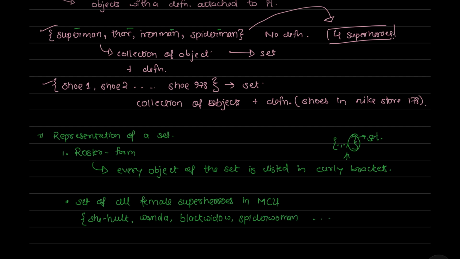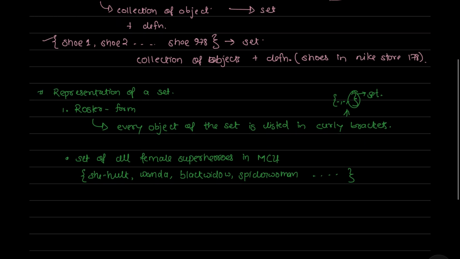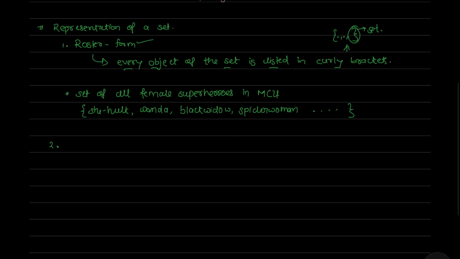Like this, the list continues. At one point, it will end. There is a limited number of female superheroes in MCU. Okay, so this is what we mean by roster form representation of a set. We represent every object of the set inside curly brackets, then it becomes a roster form.